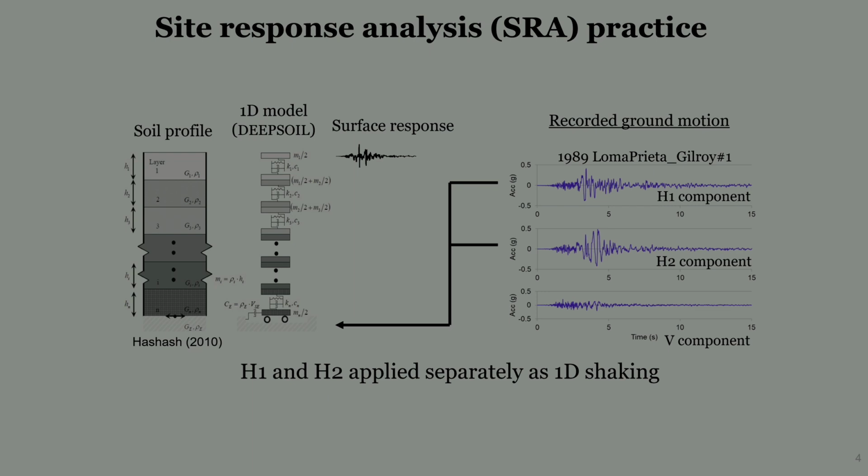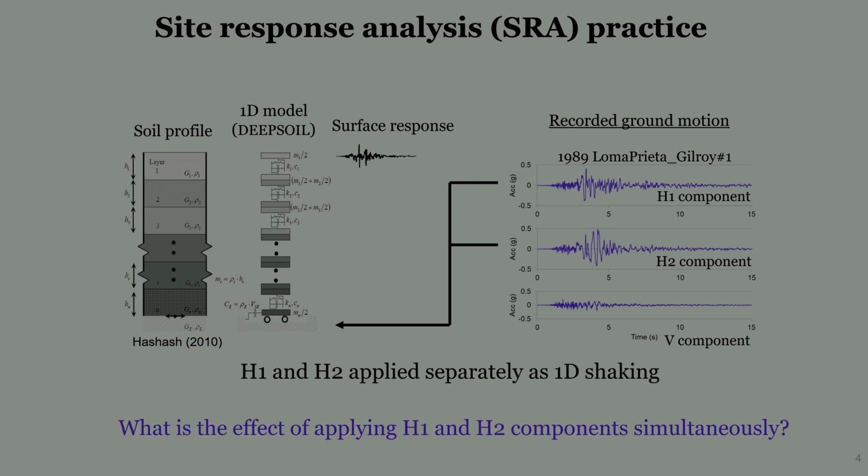These horizontal components are usually applied separately at the base of the soil column as a 1D shaking to get the response at the soil surface. So my research deals with the question: what is the effect of applying these horizontal components simultaneously, and what is the response of the soil in that situation?